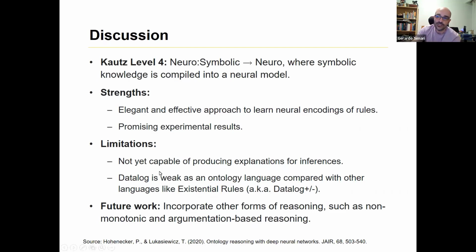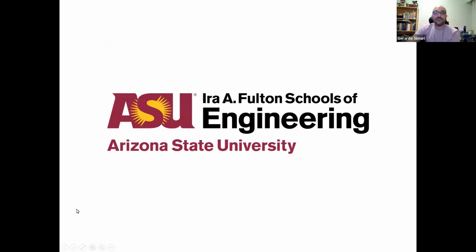These are not considered. So for future work, I think that they could incorporate other forms of reasoning. Also, this is mentioned in the paper, such as non-monotonic and argumentation-based reasoning. These are not at all considered. That's it.